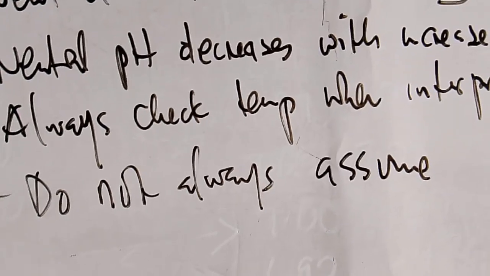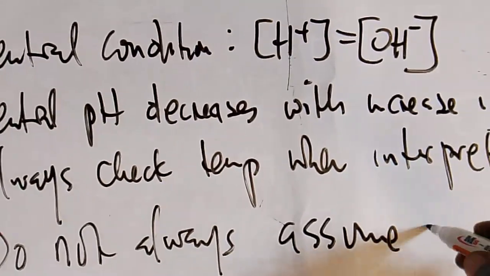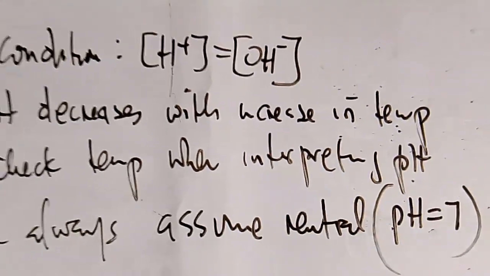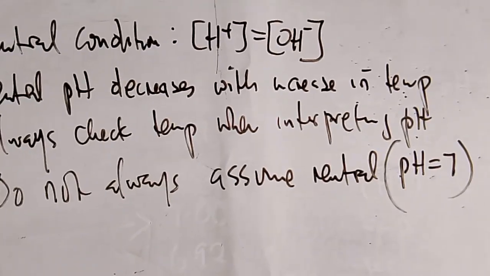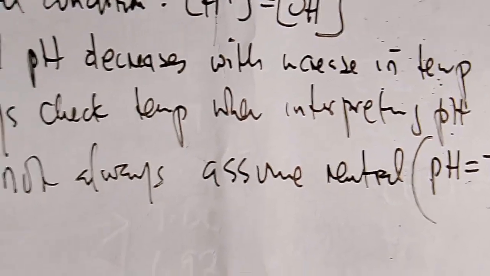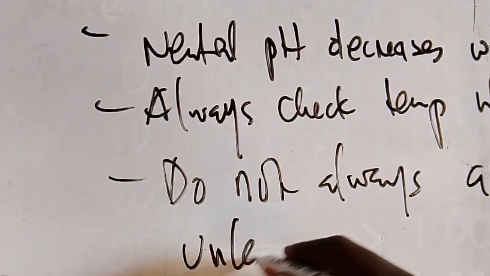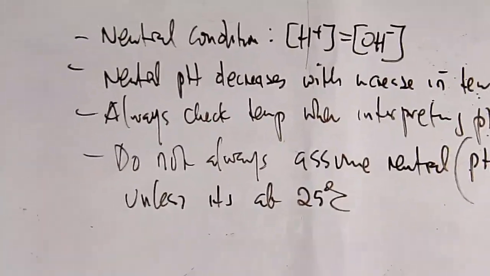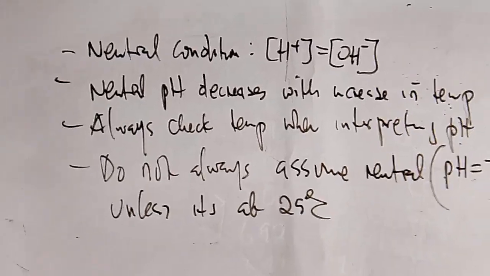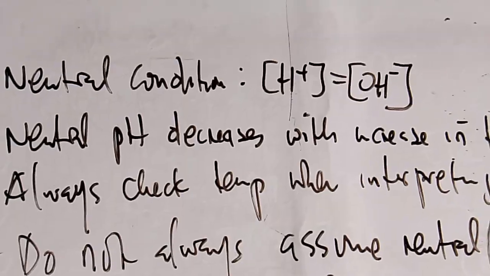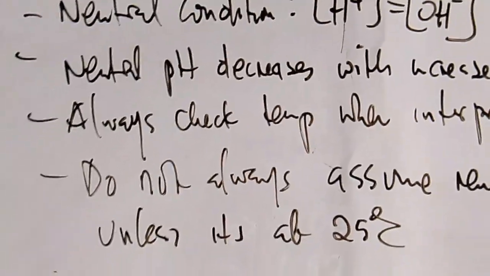Do not always assume neutral is equal to pH 7 unless it's at 25 degrees Celsius. Okay, so that's a condition. So pH equal to 7 means the temperature is at 25 degrees Celsius.